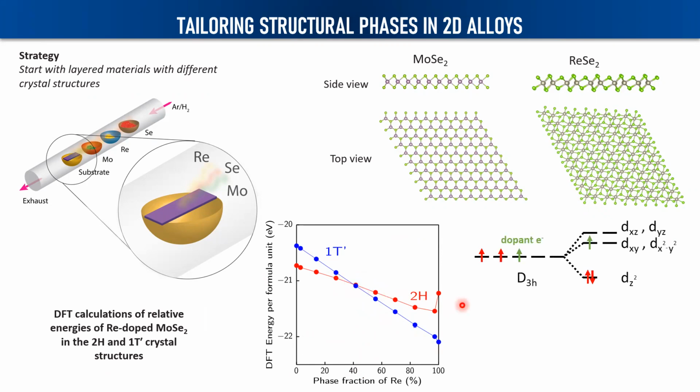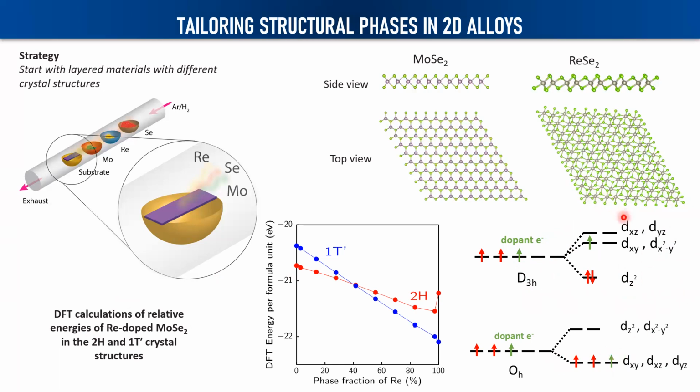And the reason for this phase transition is, when you add rhenium, rhenium has one extra electron when compared to molybdenum. So this extra electron, if it is in the 2H phase, you can remember this crystal field diagram again, will go to the higher energy orbital here, whereas in the octahedral case, there is one lower energy orbital which is still vacant, so it will go to that particular orbital.